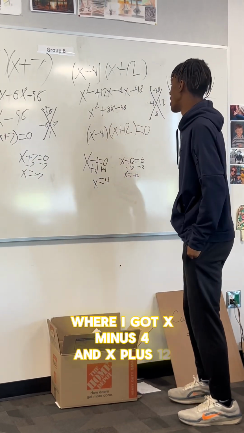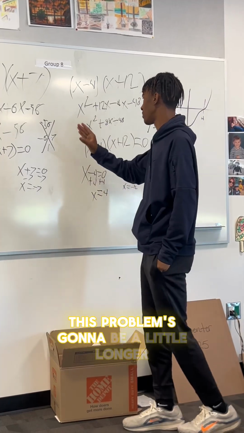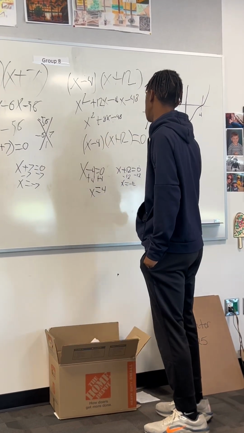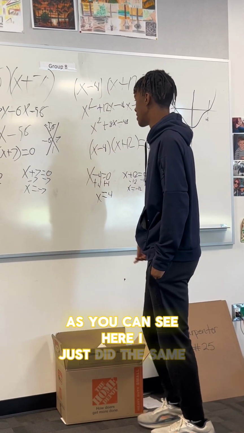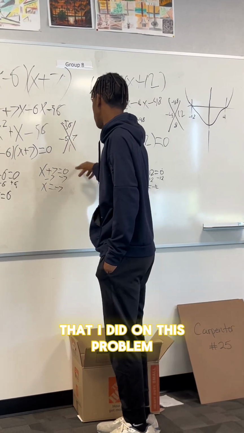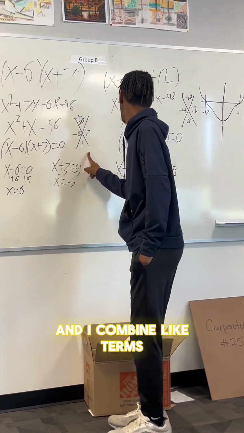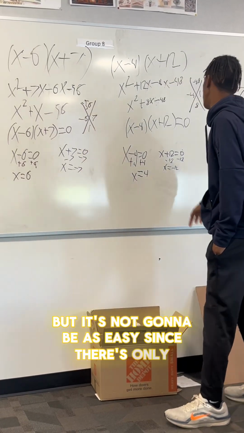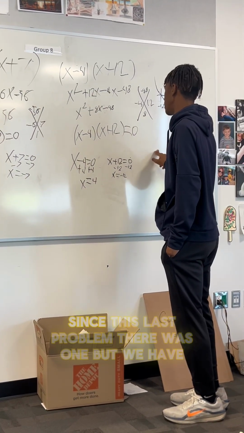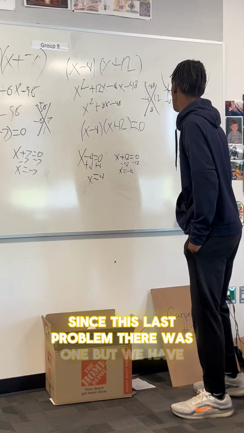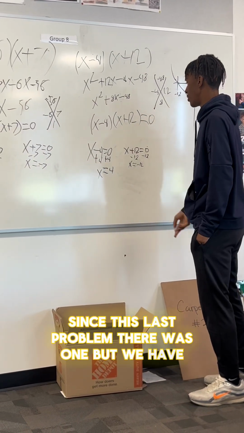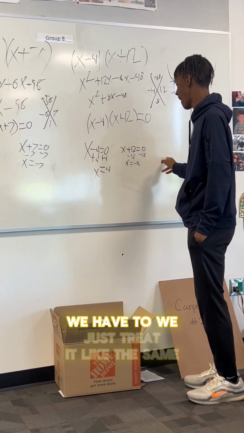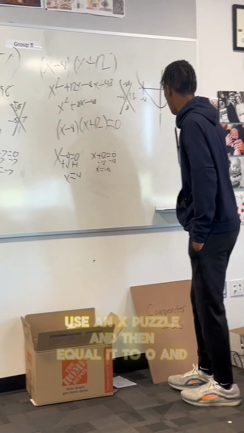As you can see here, I just did the same thing that I did on the previous problem, and I combined like terms, but it's not going to be as easy, since in the last problem there was 1, but we have 8 here. We just treat it like the same problem, use an X puzzle, set it equal to 0, and then put those on the graph.